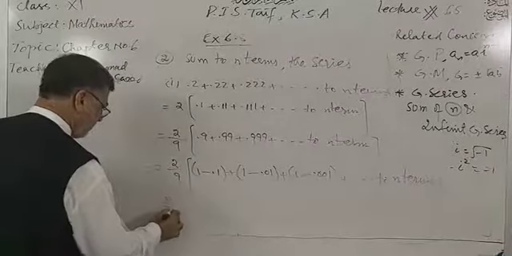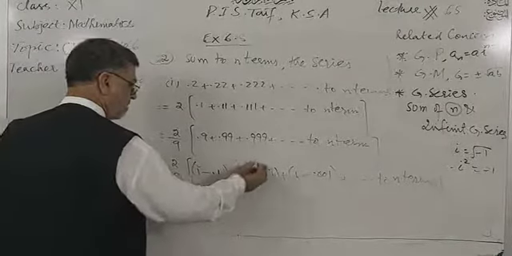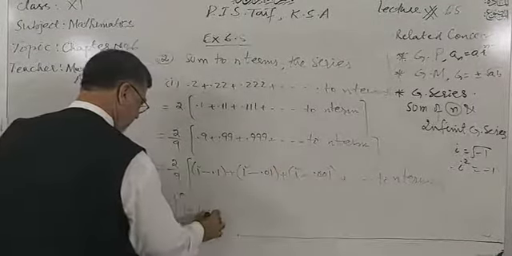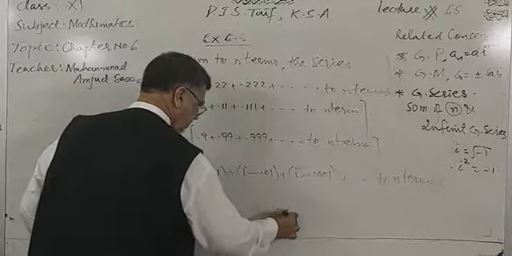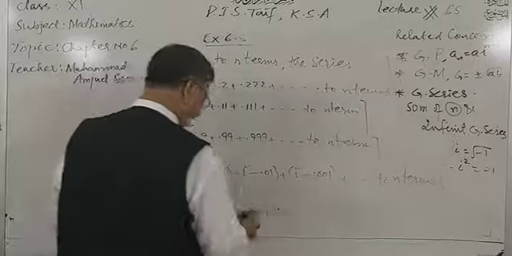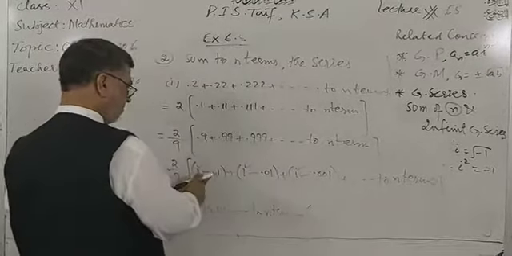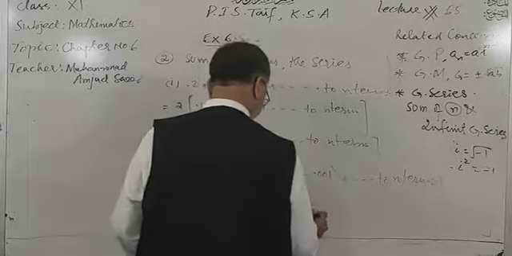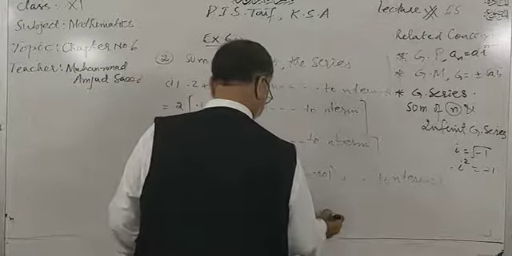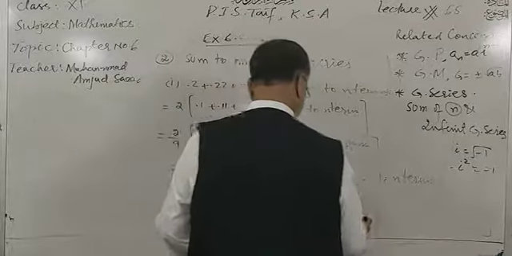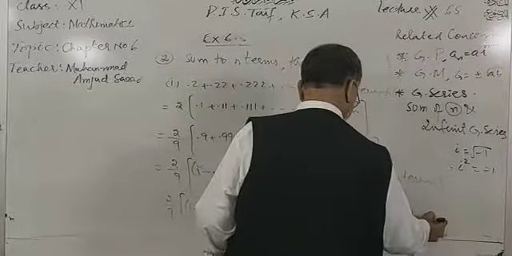Here you can have 2 over 9, into 1 plus 1 plus 1 plus so on to n terms, minus common from here, 0.1 plus 0.01 plus 0.001 plus so on to n terms.